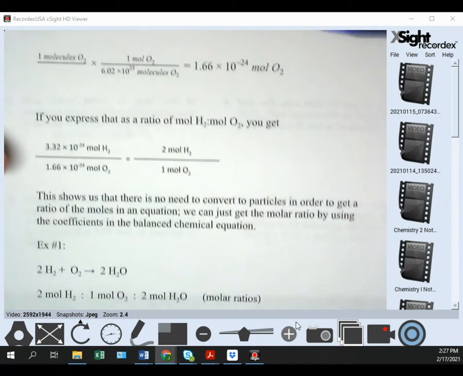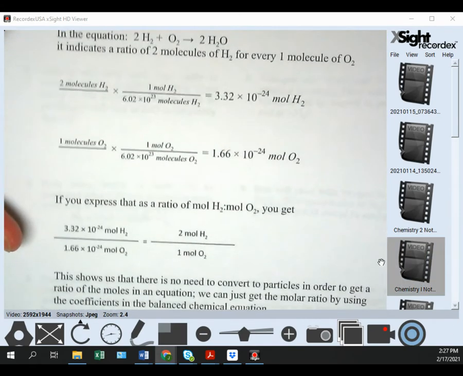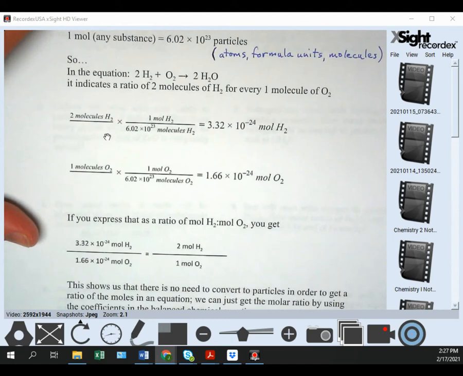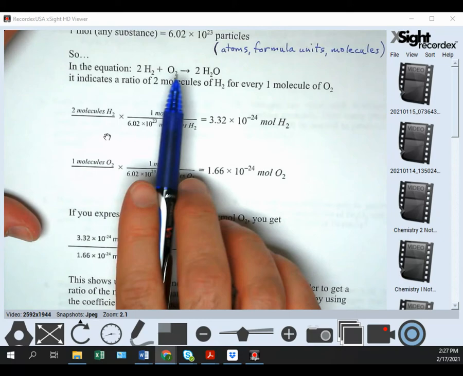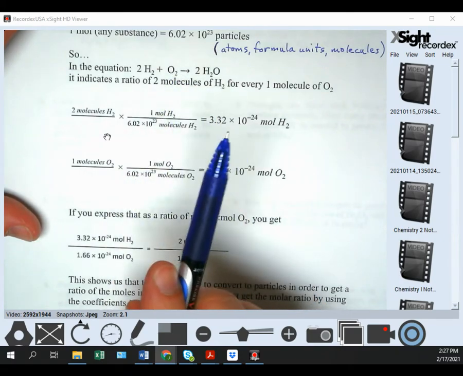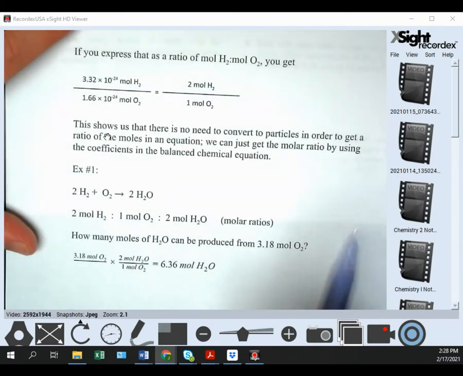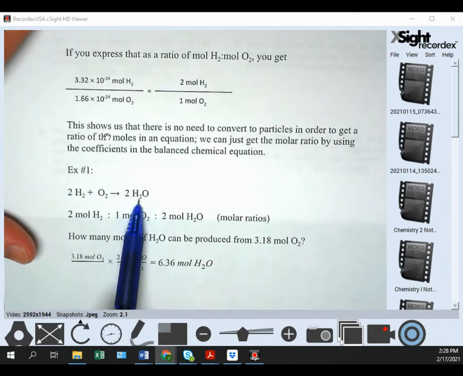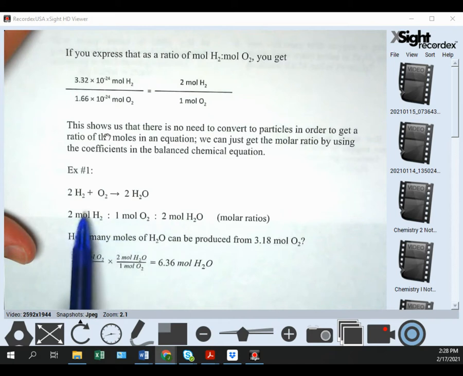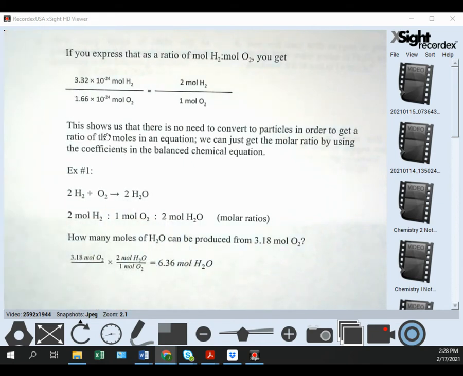In other words, we don't have to go through all this craziness here in order to know that the coefficients in the equation represent the number of moles. So for this equation, 2H2 plus O2 yields 2H2O, that means we have 2 moles of hydrogen for every 1 mole of oxygen, and they're producing 2 moles of water. So the coefficients are the number of moles.